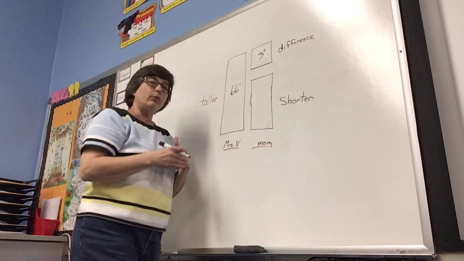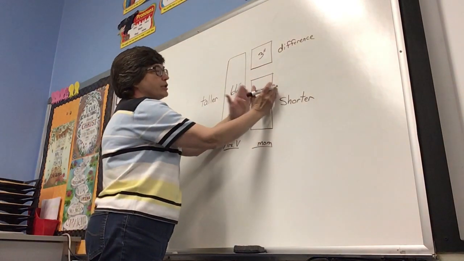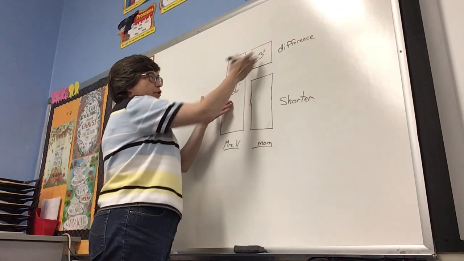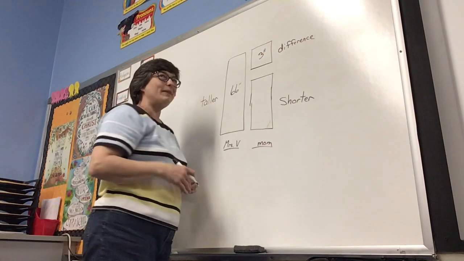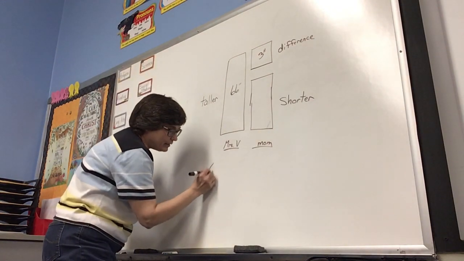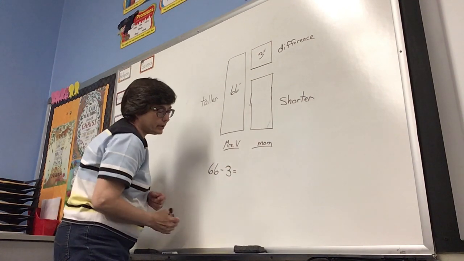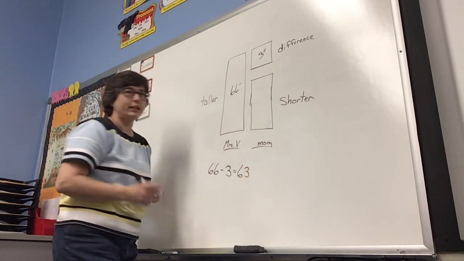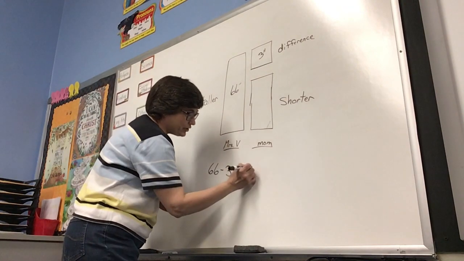So this time we're kind of working backwards, okay? We're trying to find out how tall exactly my mom is. Well, we know how tall I am, and we know my mom is 3 inches shorter. So again, we can subtract. 66 minus 3 equals, okay, 63. Very good, Claire. Okay, so 63 what though, Claire? Yes, inches.